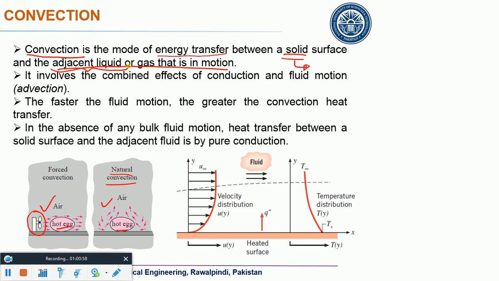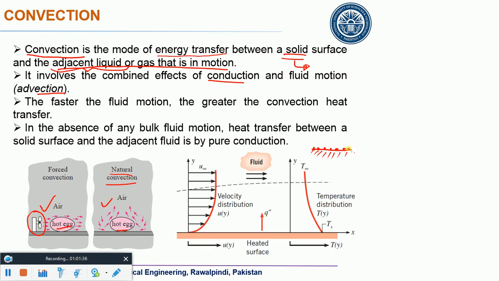interacting surfaces. It involves the combined effect of conduction and fluid motion, advection. Advection is something which happens due to motion, while conduction is within the medium. For example, if this is a solid surface, there would be a layer of liquid molecules sticking with this layer.